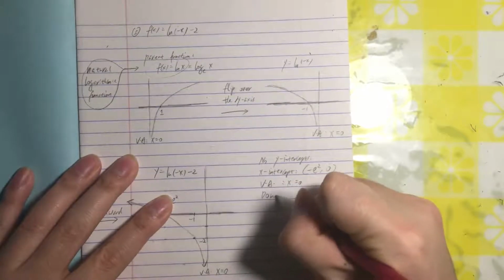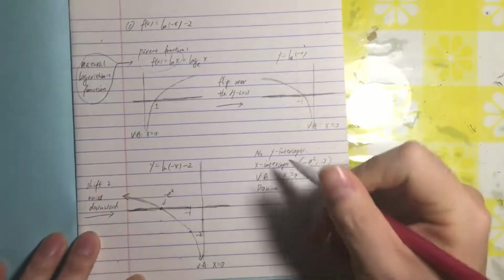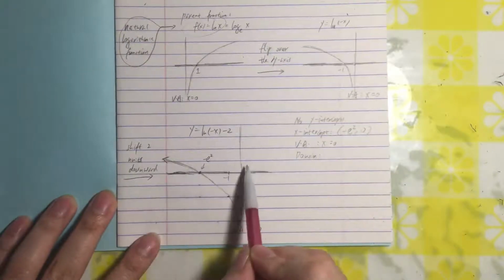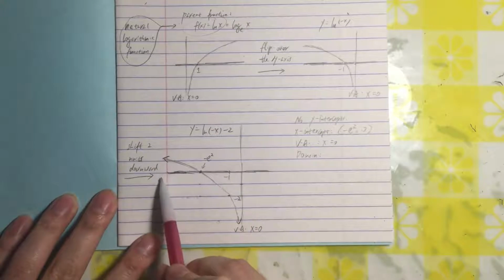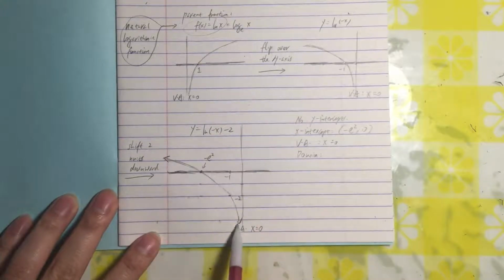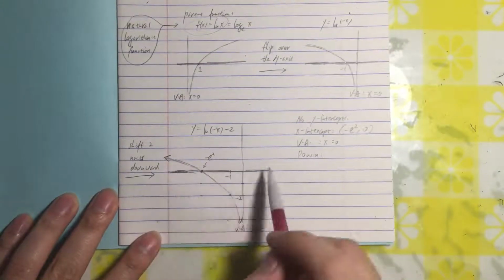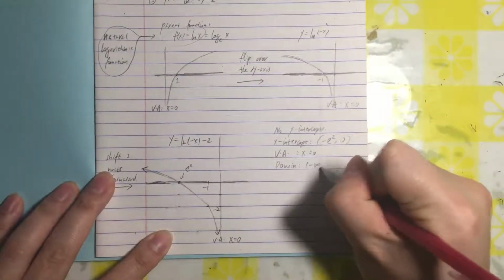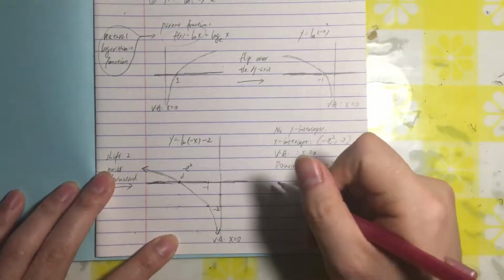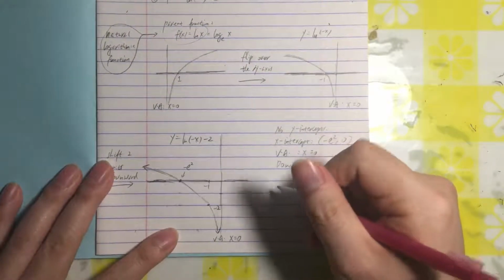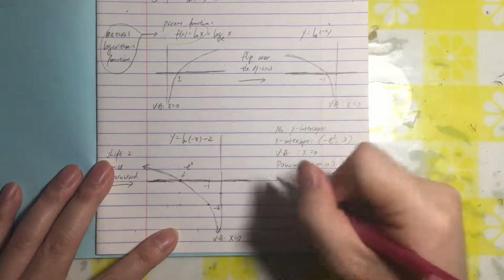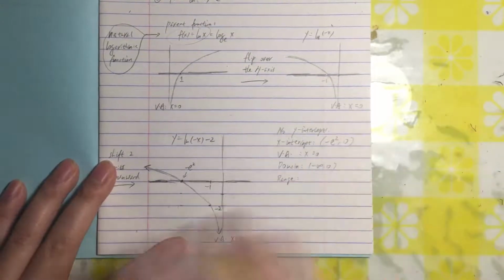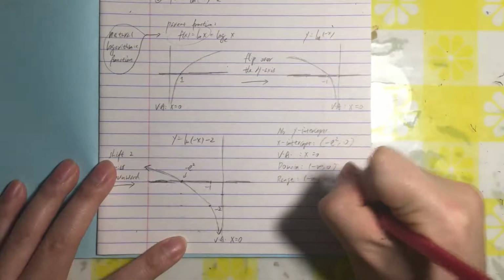For the domain, since the vertical asymptote is 0, the domain is the set of all real numbers from negative infinity to 0. For a logarithmic function, its range is always the set of all real numbers from negative infinity to infinity.